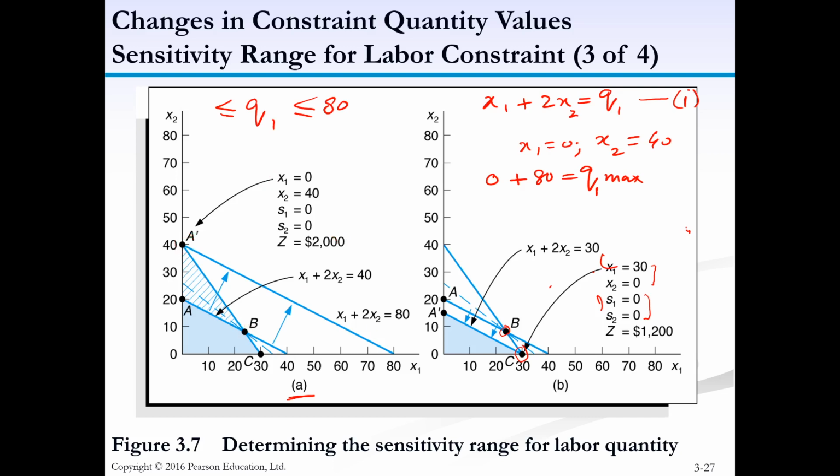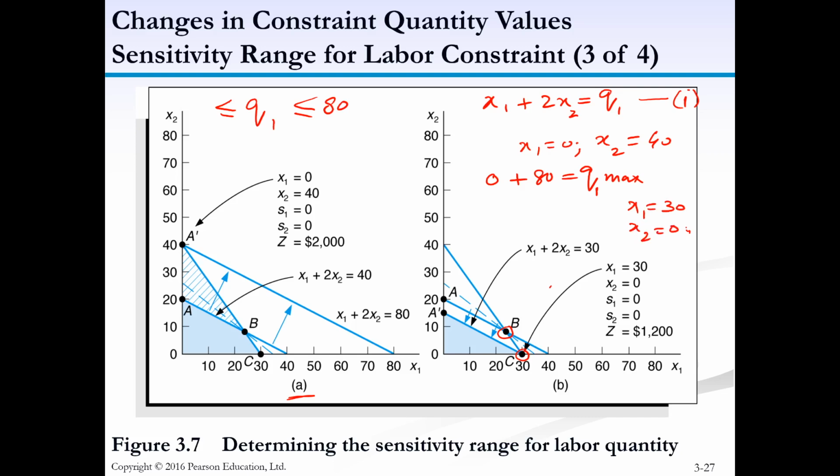Now let's look at the lower side. When we decrease this right hand side from 40 and keep decreasing it until this point B becomes C, and the coordinates of C are x1 is equal to 30 and x2 is equal to 0.